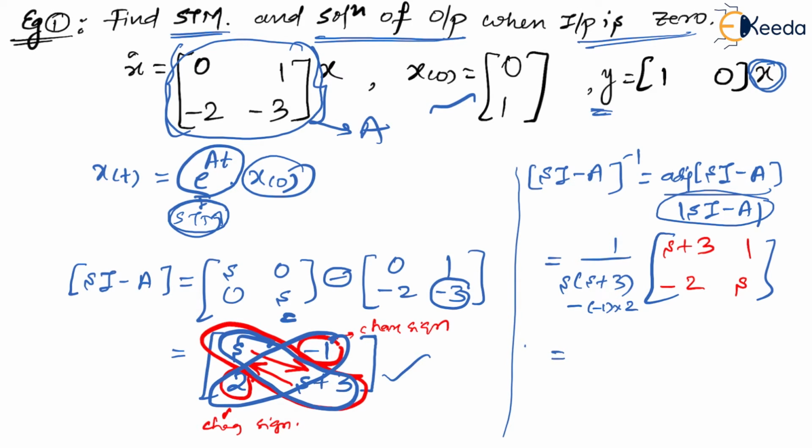At the end what you get is 1 by (s square plus 3s plus 2) into the matrix s plus 3, 1, minus 2, s. Is that right? Yes. Now what are we supposed to find next?